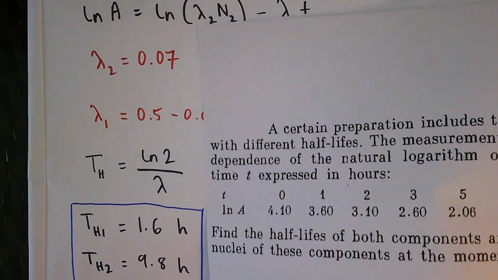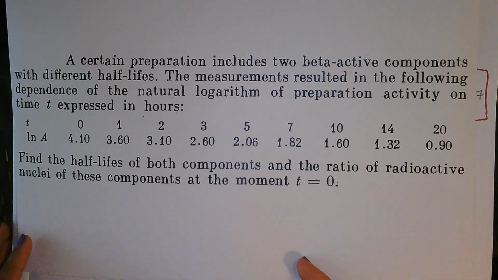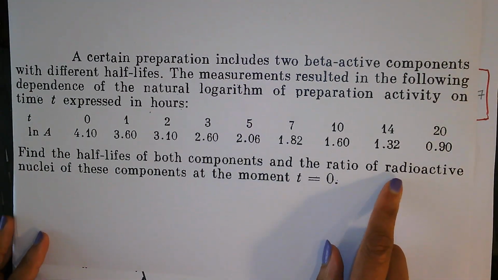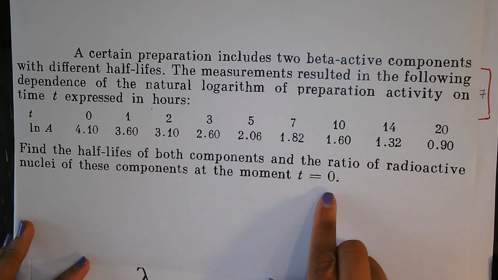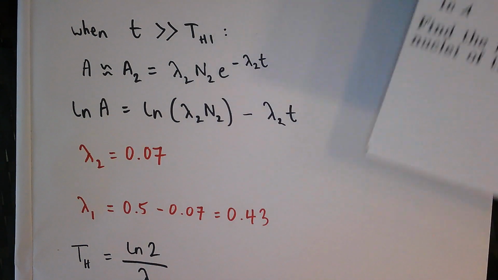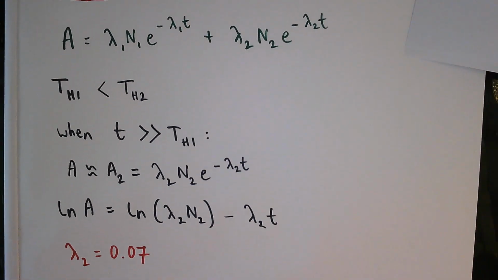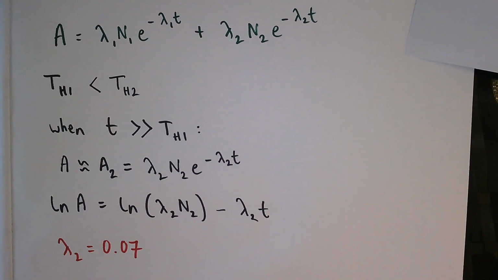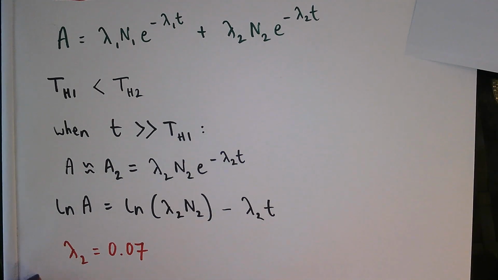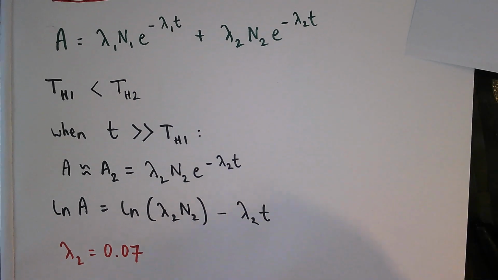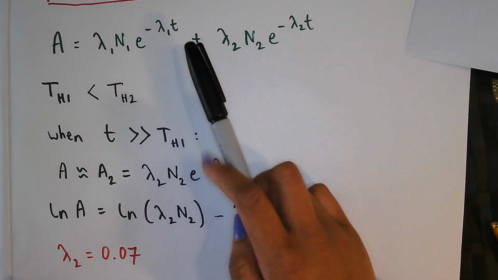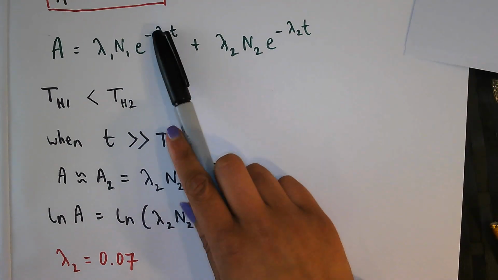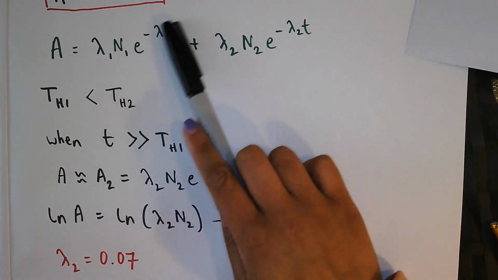And now, the second part of the question asked us to find the ratio of radioactive nuclei of these components at the moment t equals 0. So if we look at our main equation here of the activity of this preparation, we can see that when t is equal to 0, this becomes e to the power 0, and that becomes e to the power 0, which is just 1.